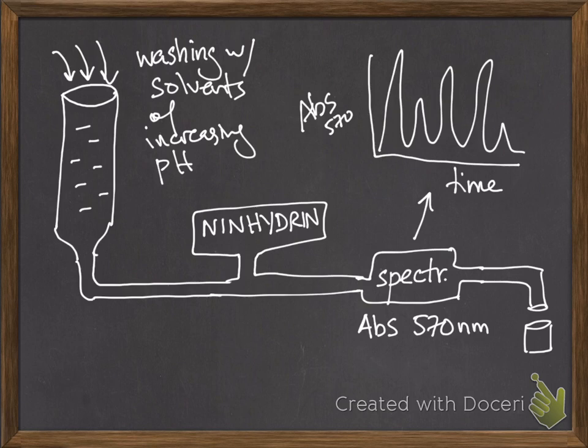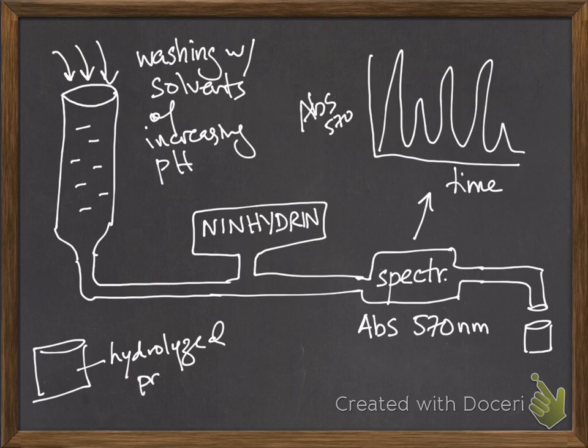So you start off with your protein that's been hydrolyzed so that you have amino acids. The amino acids are all separated from each other now. And you also have this at a very low pH. So everything's going to be protonated and positive.